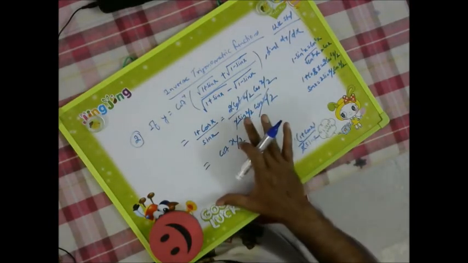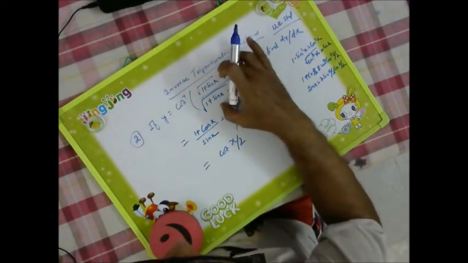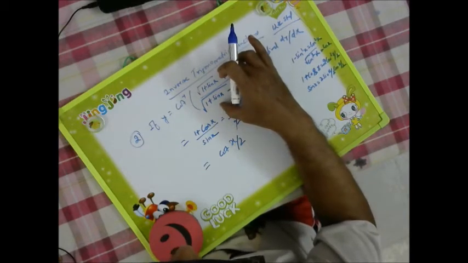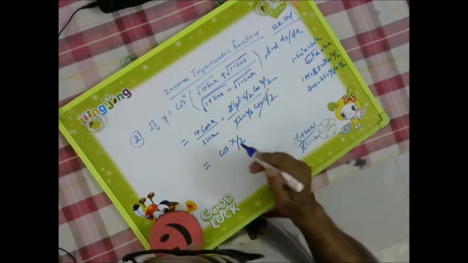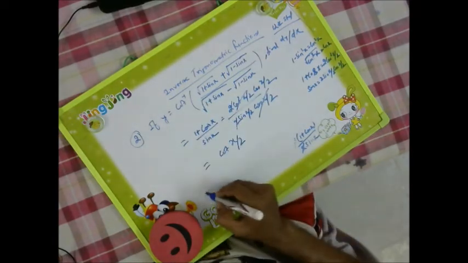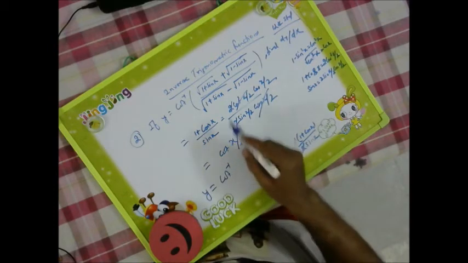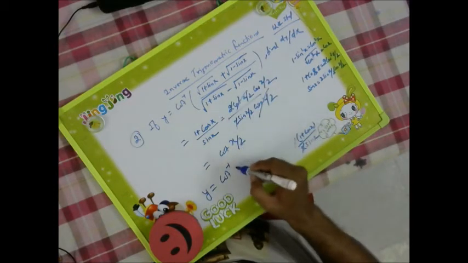So what we have seen here is that we have completely solved this expression separately first, and then we got cot x by 2 for this expression. Now we are going to substitute it in the original expression. So this complete expression has become cot x by 2.